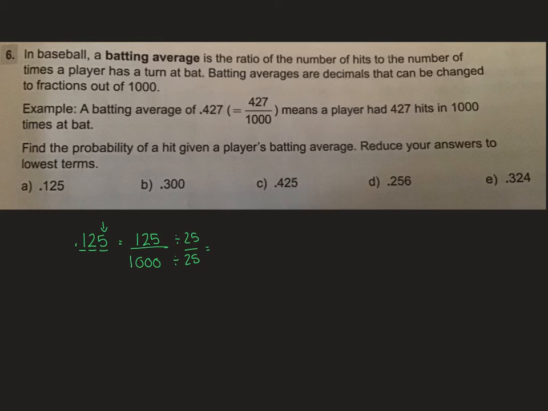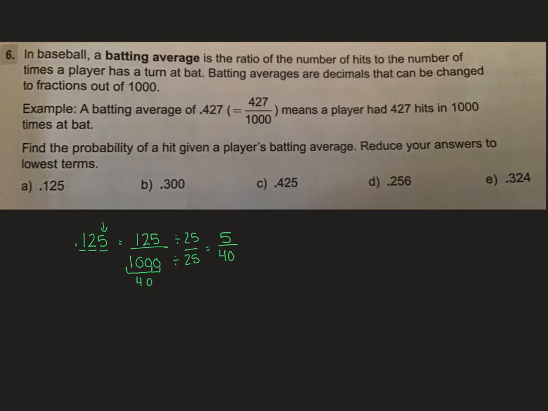So 25 into 125, 25, 50, 75, 100, 125. So there's 5 groups. And then if I'm looking at 1,000, well, 25 goes into 100 4 times. So it should go into 1,000 40 times because that's 10 groups of 100.